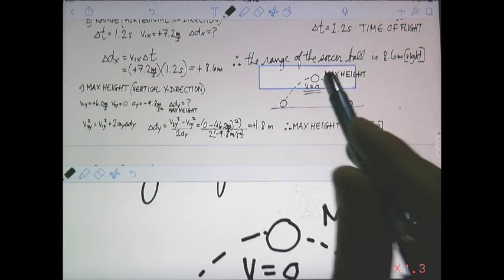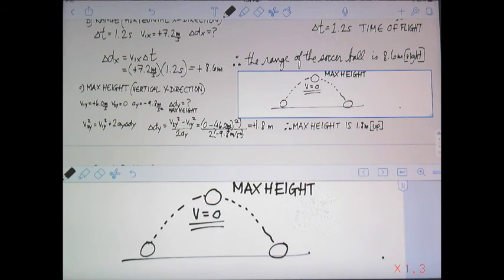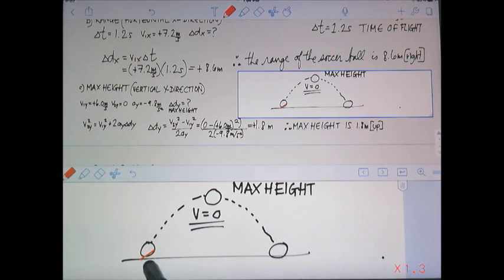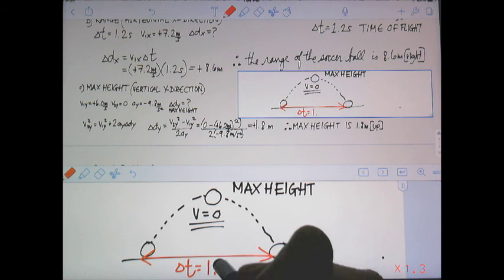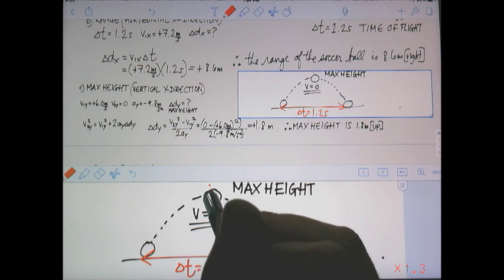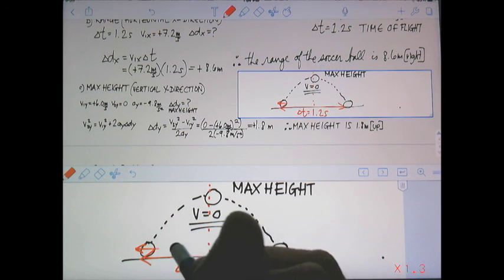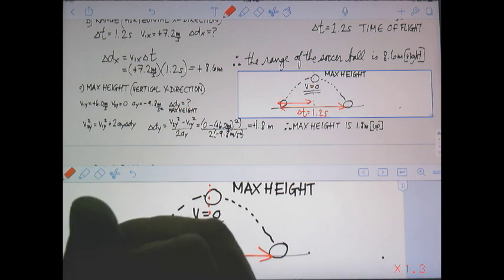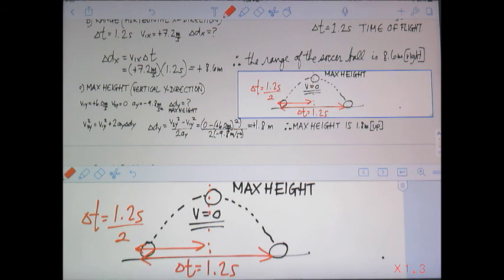Now I want you to take a look at this diagram again. I told you that we didn't have information about the time and maximum height. We know that the time for this entire duration is 1.2 seconds. But a type 2 projectile motion question is perfectly symmetrical. So you can actually state that the time it takes to reach max height would be equal to 1.2 seconds divided by 2.